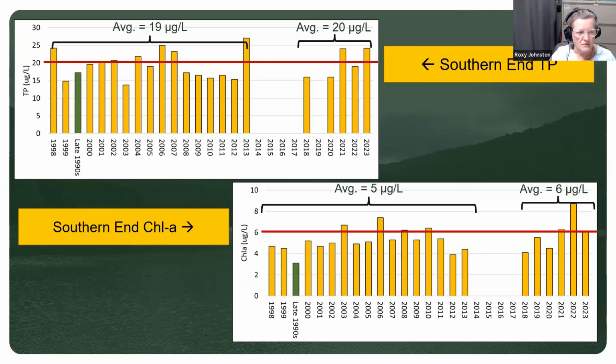Okay. So immediately I highlighted, well, how long did that take? Because there's the time for water to move through the lake. And I guess this slide sort of supports that idea that things don't change that fast.